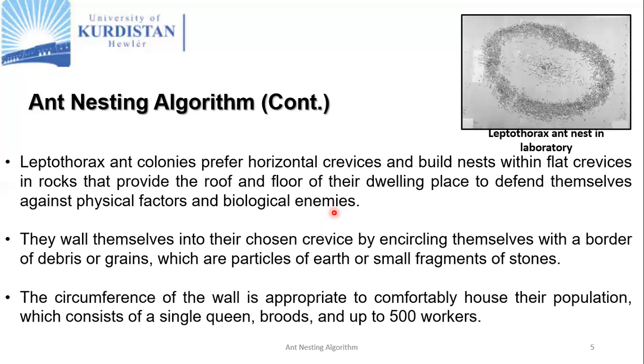The circumference of the wall is proper to accommodate their population, which can be around a single queen, some eggs, and some 500 worker ants.